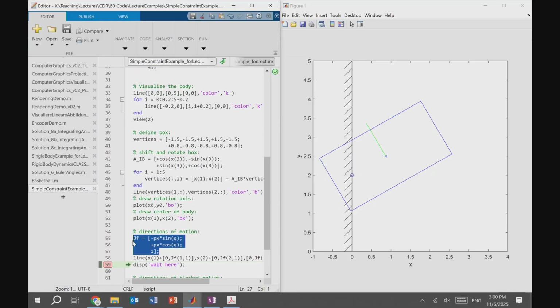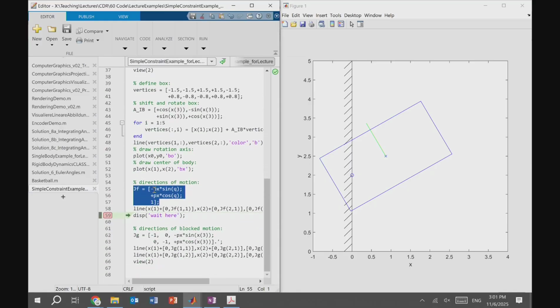And then here I computed J_f, or wrote it down: minus p_x sine q plus p_x cosine q, 1. And then I simply visualized this here in this little drawing as the green line. So the green line is basically the vector that represents the column of this matrix J_f. What is it telling me?